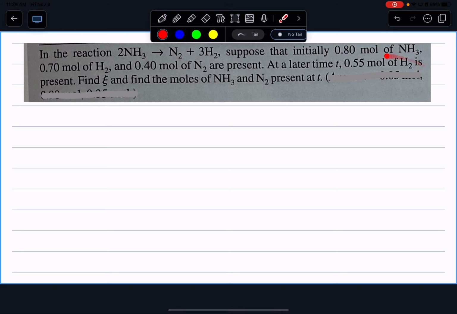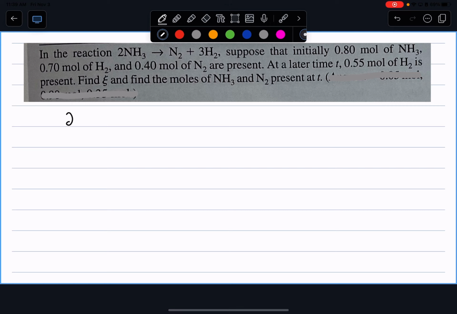And we know the final number of mole of hydrogen, and find the proportionality of your reaction C, and the number of moles of your other reactant and product. So that's like a Gen Chem question, just complicated by these new terminologies. So let's work on that and see what exactly these new terminologies mean.